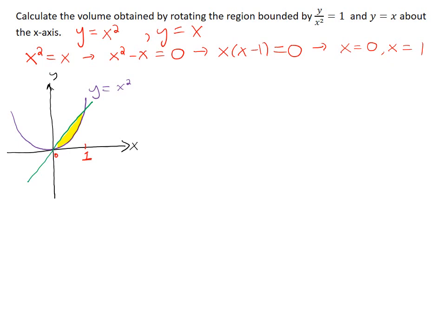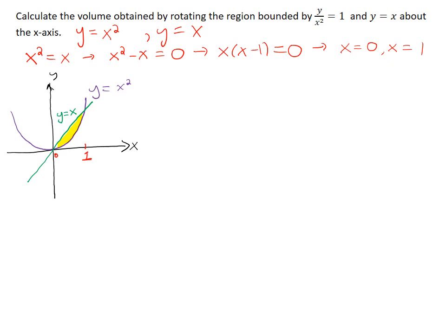Plug 1/2 into the second curve, y is equal to x, you get 1/2 as your y value. So the higher y value is the green curve, y equals x. Consistent with the graph. Again, just like for area problems, making a sketch will either be mandatory or almost essential for solving the problem. Make a sketch either way.